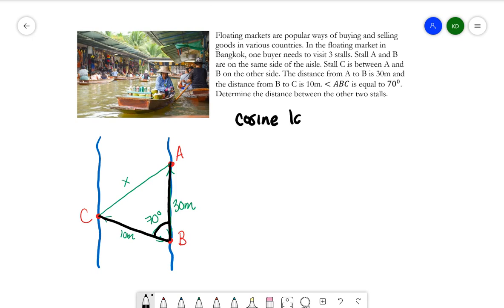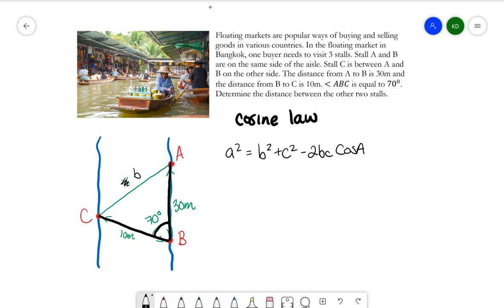So first, let's start with our cosine law formula. A squared equals b squared plus c squared minus 2bc cos of A. In this case, what we're looking for is x. If I wanted to label it, across from uppercase B would be lowercase b. So I'm redistributing my variables so that they match my description.